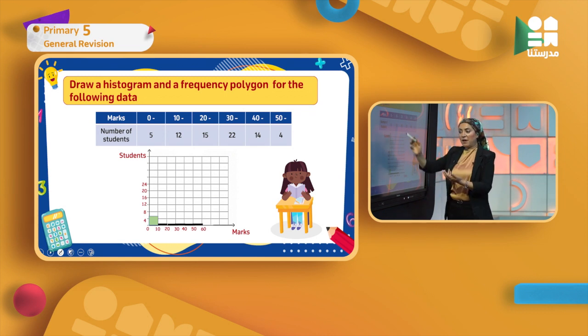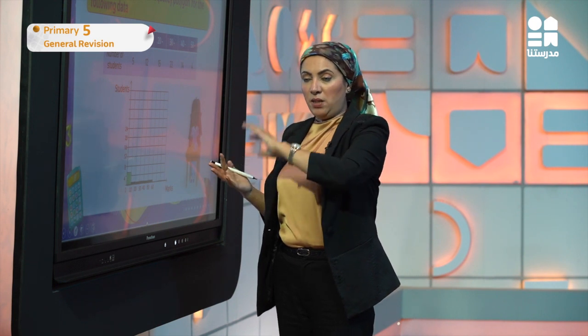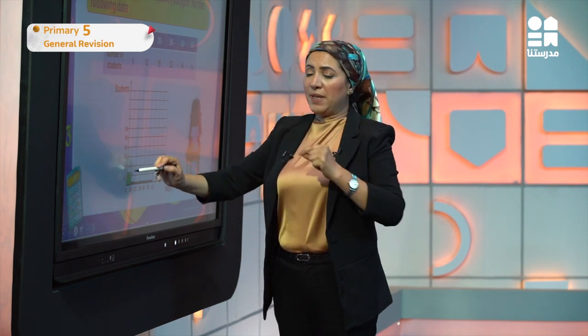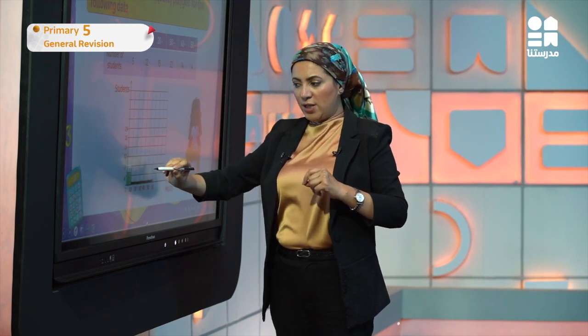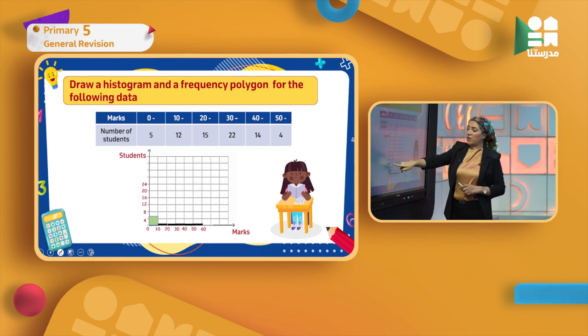I don't have 5 marked on the y-axis, so usually we work on graded paper. So here it's almost 5. Now from 10 to 20 we have 12. So yes, we have an exact 12 here.